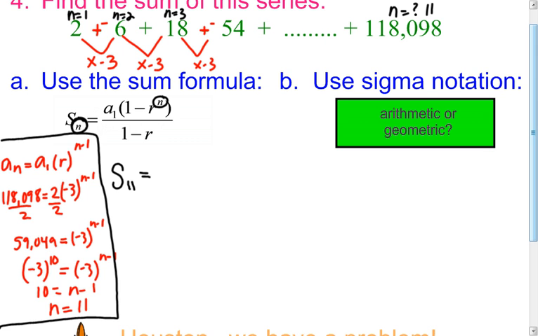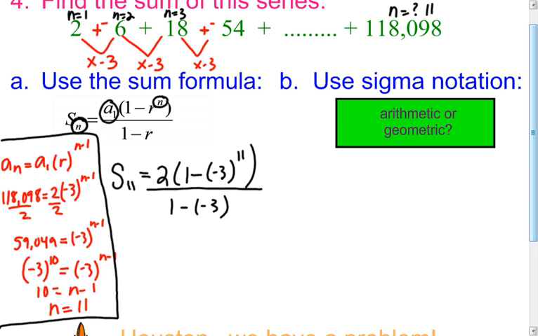Okay? So I will follow the formula. Your first term right here, a_1, is 2. And then you'll go 1 minus your ratio, which we know is negative 3, to the power of 11, since I'm summing 11 terms up. And then 1 minus negative 3 on the bottom. So be really careful with the signs.